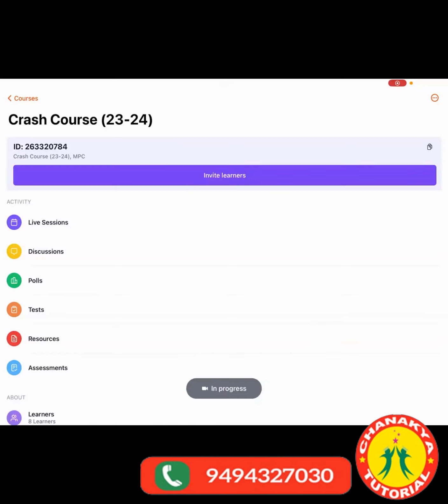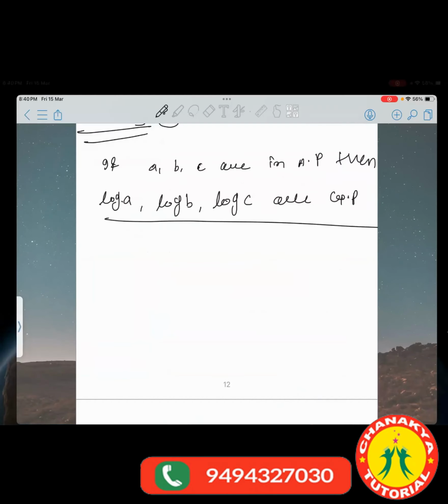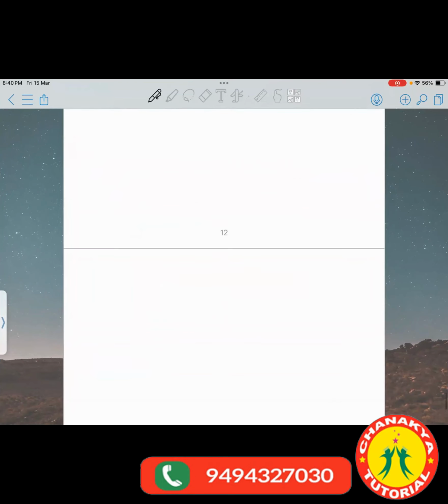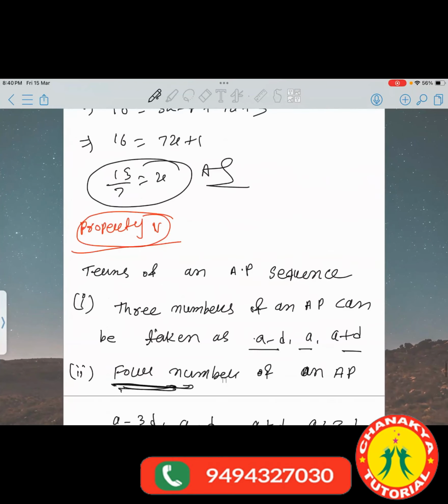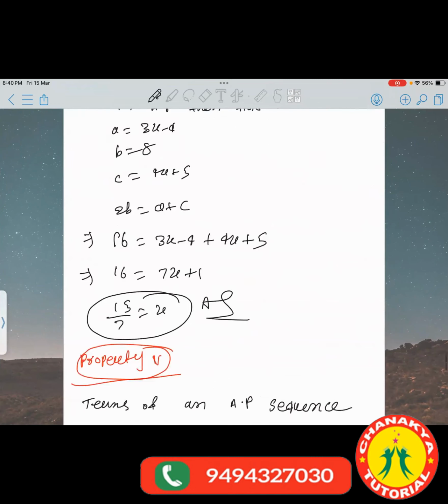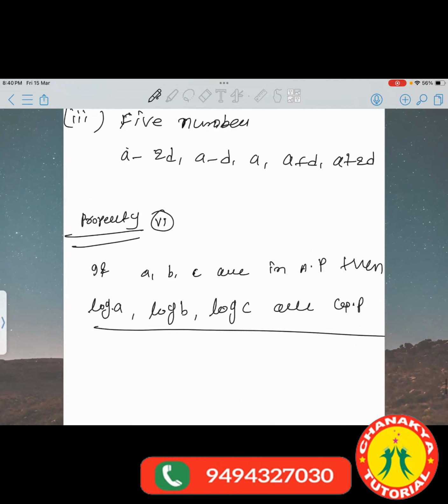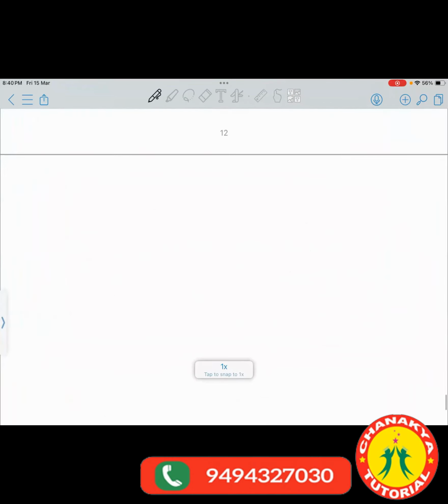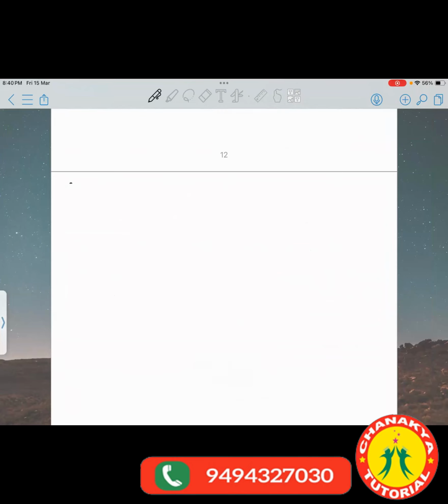Last class, I think I discussed AP, right? Property. So now I'm giving one question on the topic of property AP. Solve it.